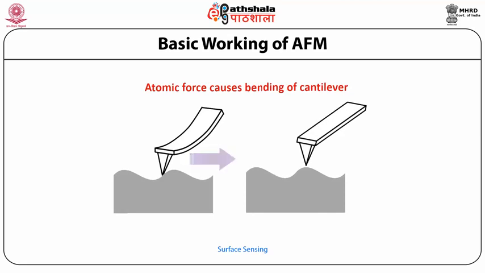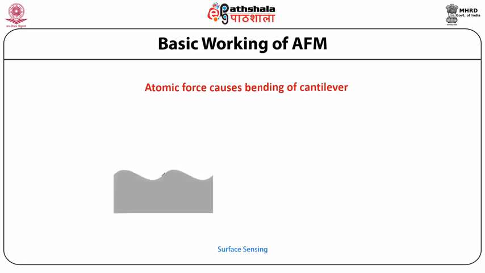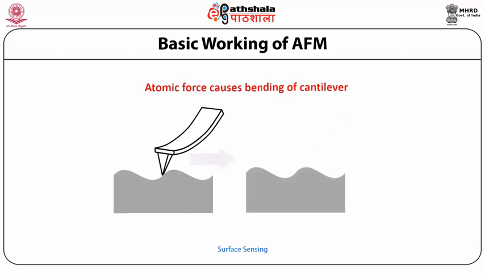As the tip approaches the surface, attractive force between the surface and tip causes the cantilever to be attracted towards the surface. With the cantilever approaching closer to the surface, the tip is almost in contact and develops repulsive force, resulting in deflection of the cantilever away from the surface.